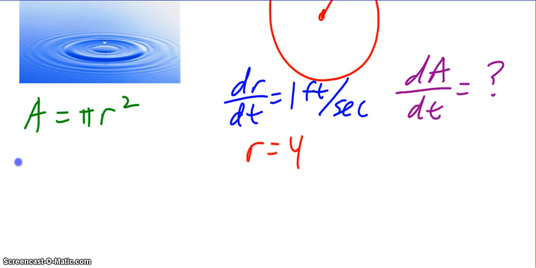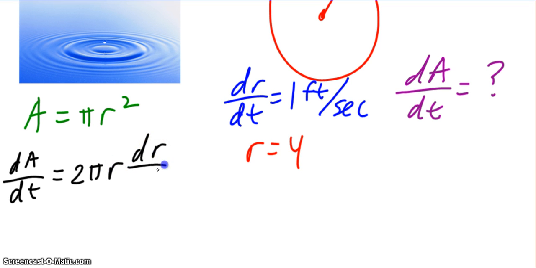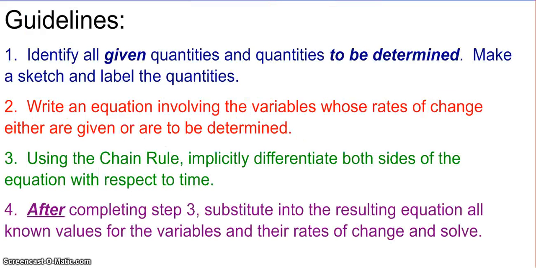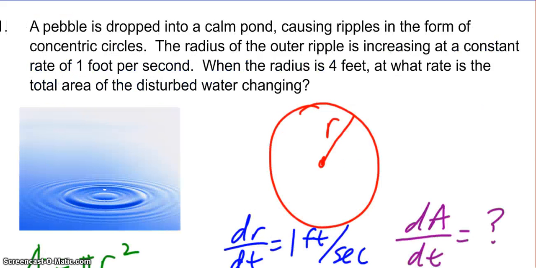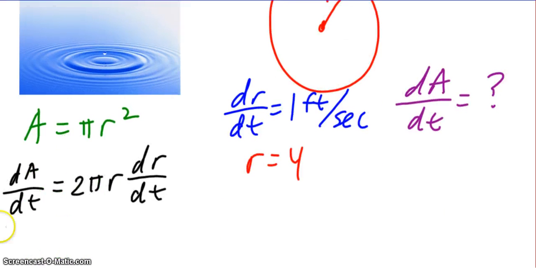The derivative of the area with respect to time is dA dt equals 2 pi r dr dt. So remember, now everything is with respect to t, so everything is getting implicitly differentiated. Now that was step 3, so now step 4, after completing step 3, I can substitute in the known quantities.